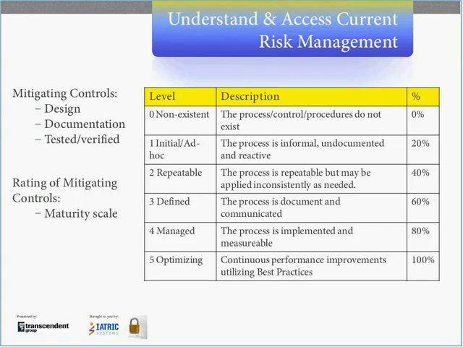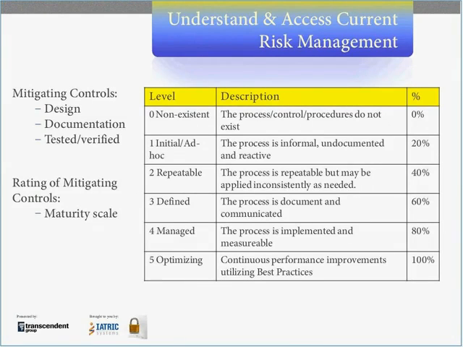Based on this information, we can rate the control, and we do that on a maturity scale, a 6-graded scale, exemplified here in the middle. For example, level 0 is non-existent: the process, control, and procedures do not exist. Level 1 is initial, ad hoc: the process is informal, undocumented, and reactive. Looking further up the scale, at the managed level, the process, control, and procedure are implemented and measurable.